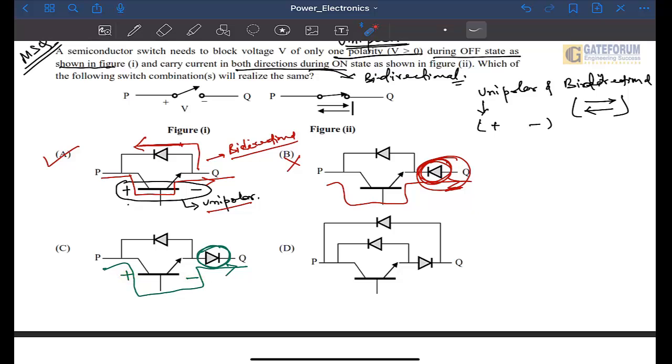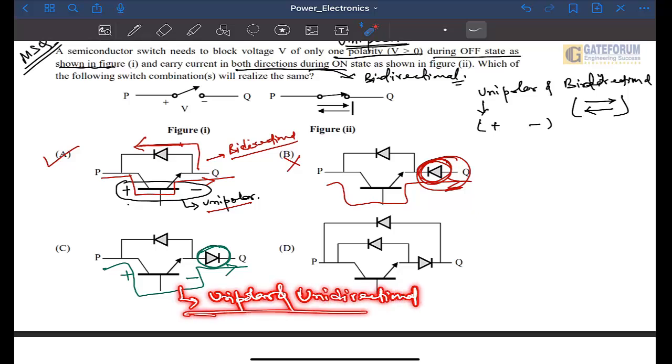When current wants to flow from Q to P, it is not possible since this diode will block the current. So this switch is also unipolar and unidirectional. Hence option C is also wrong.